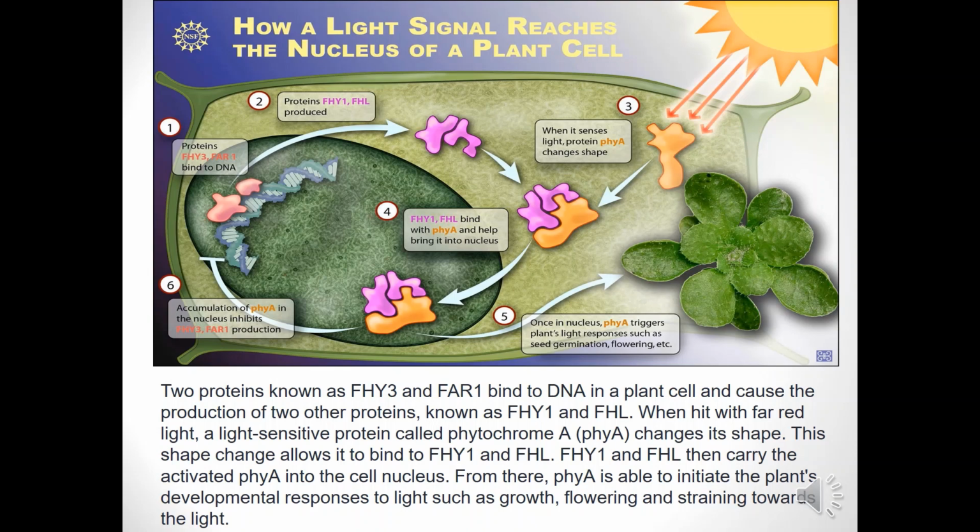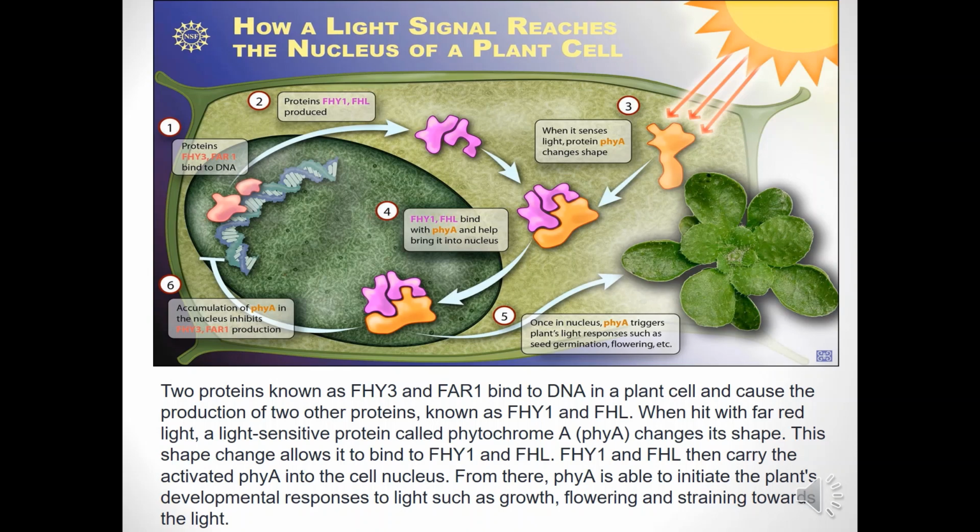These are the steps of how the light is able to reach the nucleus of the plant. The process is initiated by two proteins we call FHY3 and FAR1. These two proteins bind at the DNA of the plant, because this is in the nucleus. In the nucleus they have the DNA of the plant.